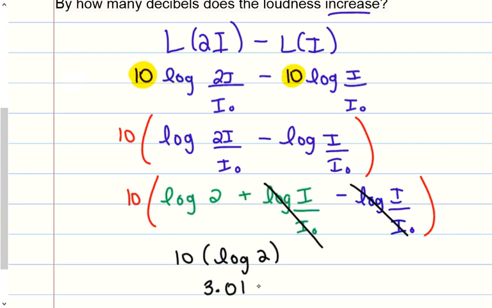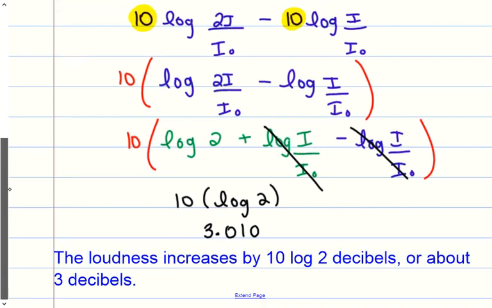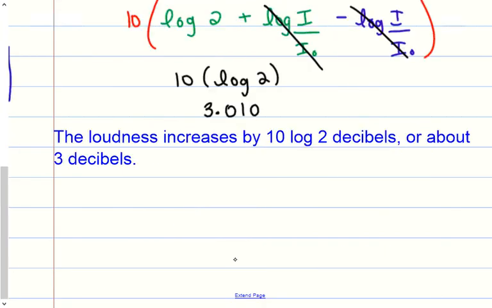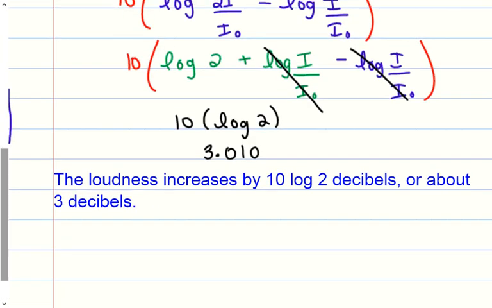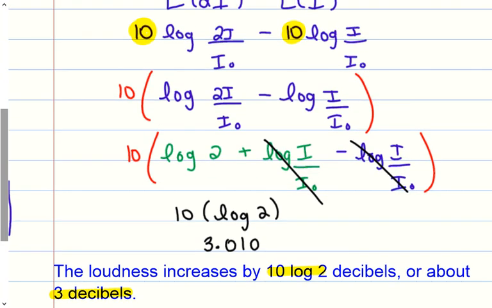3.010. So when it says by how many decibels does the loudness increase, you can say the loudness increases by 10 log 2 decibels, which is about 3 decibels. So the majority of all of that was simply log properties.